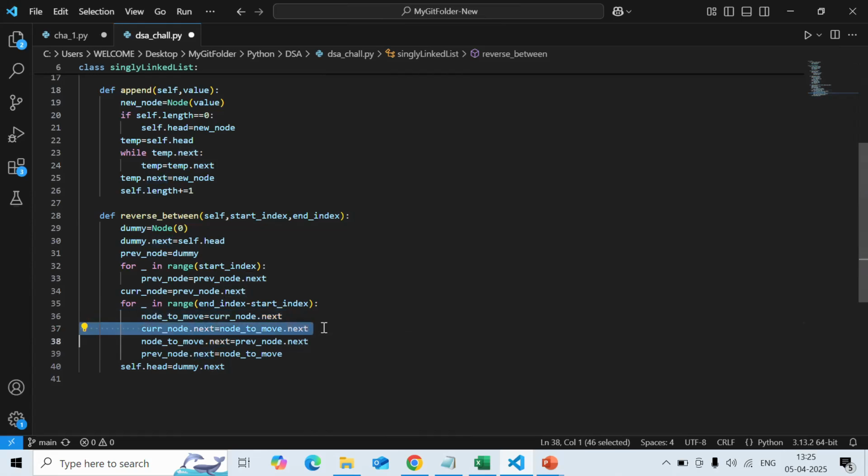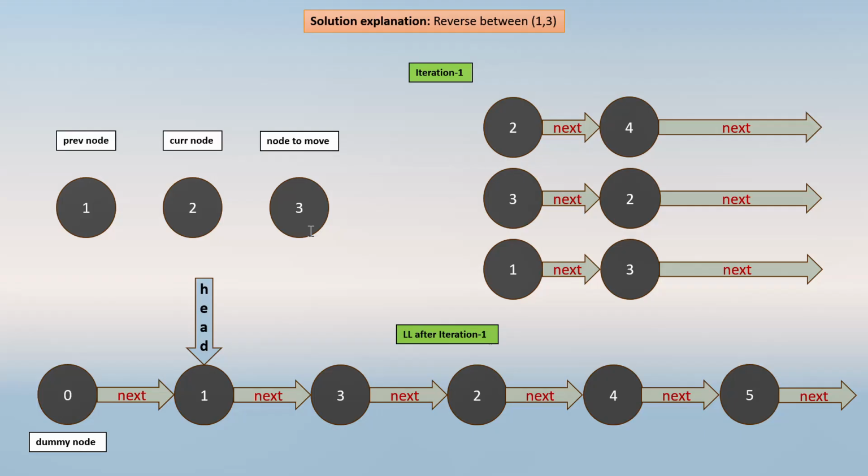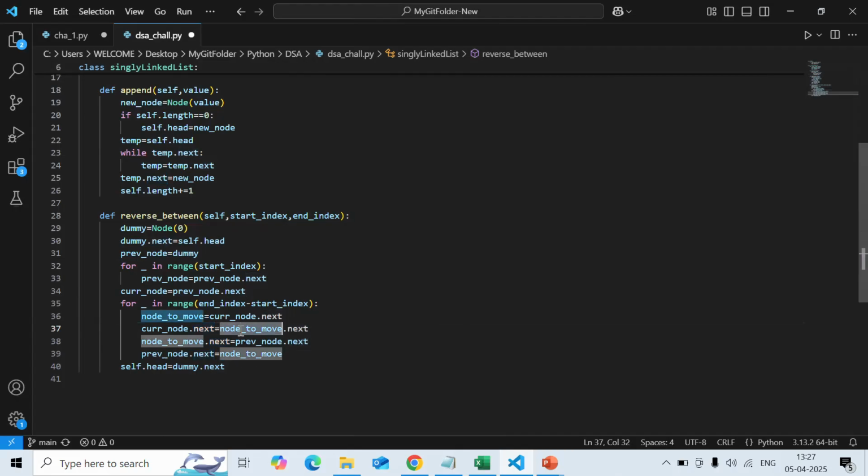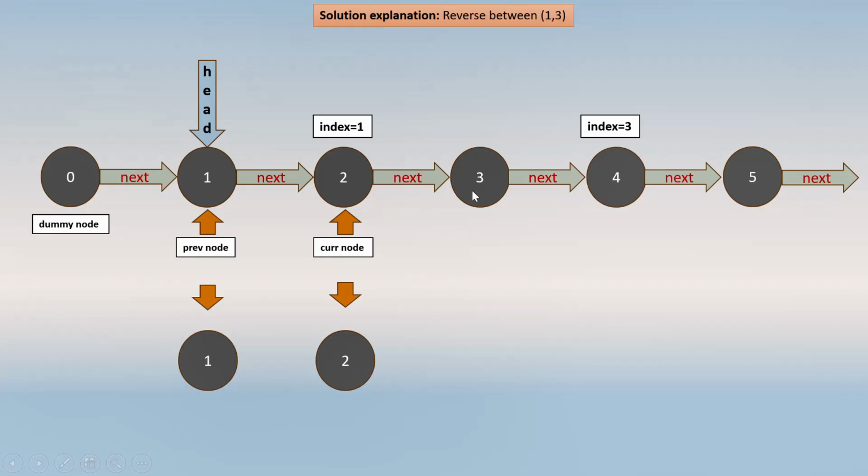Now second line of this for loop is next pointer of current node will point to this part. And what is node to move dot next? This is current node. So 2 dot next means 2 will point to node to move dot next. Node to move pointer is pointing to this node and this node dot next is nothing but node with value 4, right?